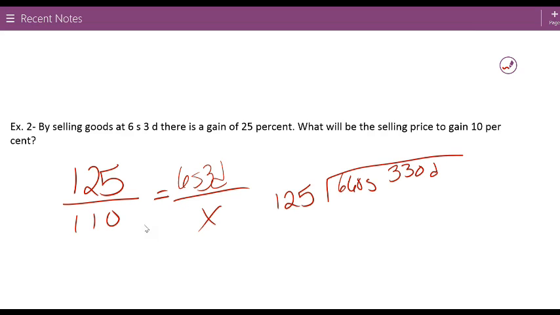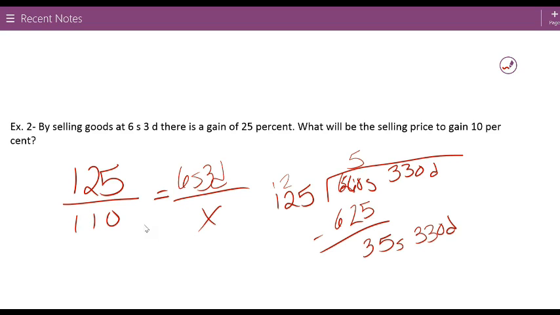So 660 divided by 125. Okay, so we end up with 35 shillings and 330 pence.